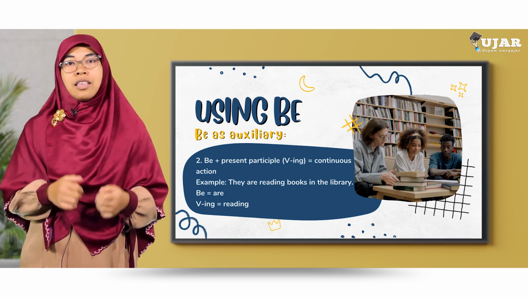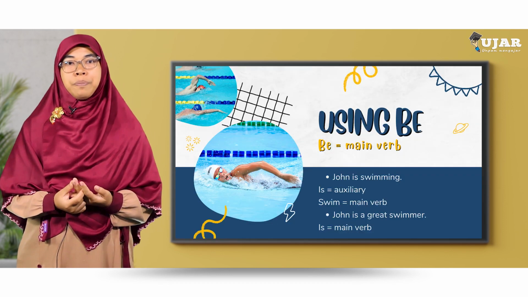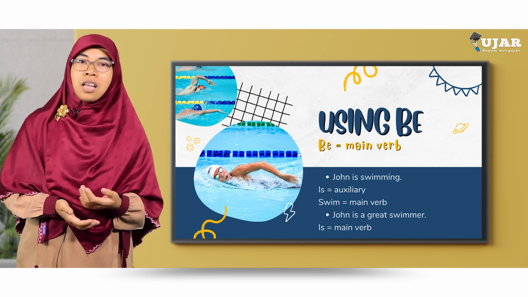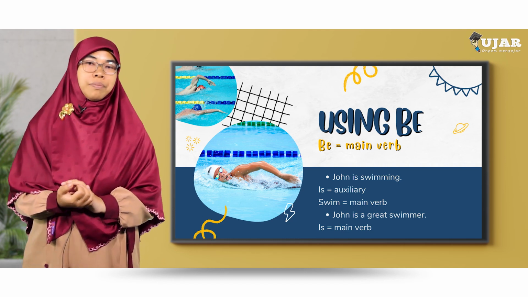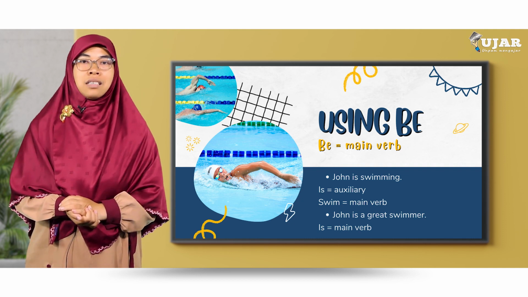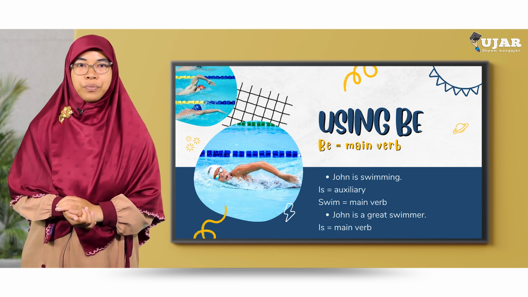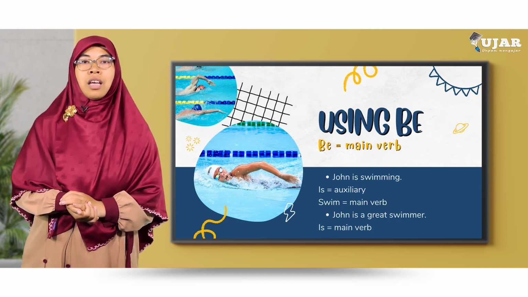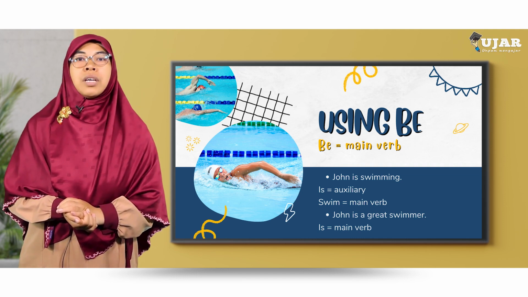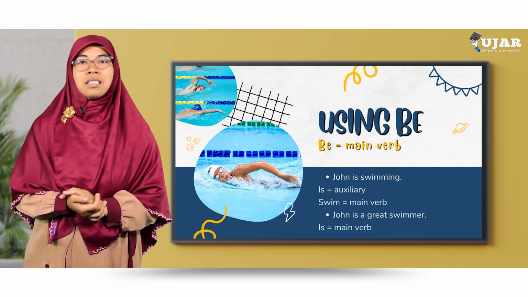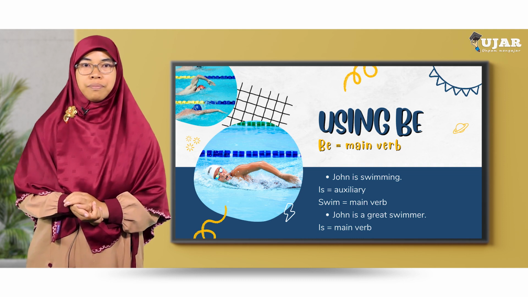But do you know that besides as auxiliary verb, be can be used as the main verb of a sentence? Now, look at the examples. John is swimming. John is a great swimmer. Both of the sentences have is, but actually is in the first and the second sentences have different function.